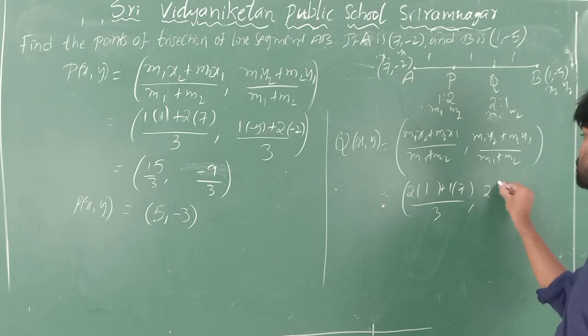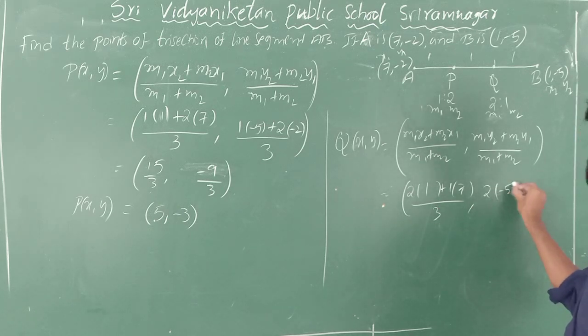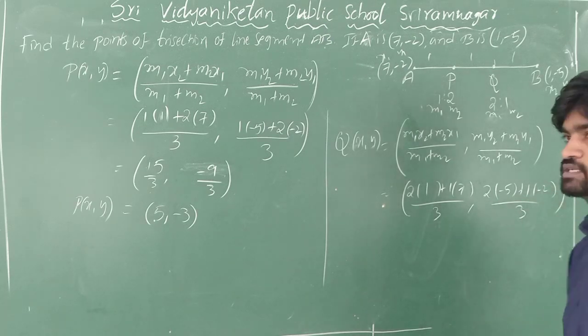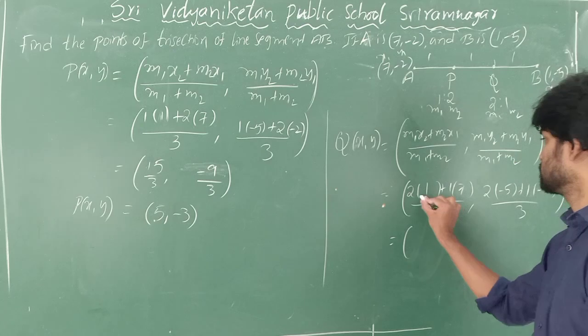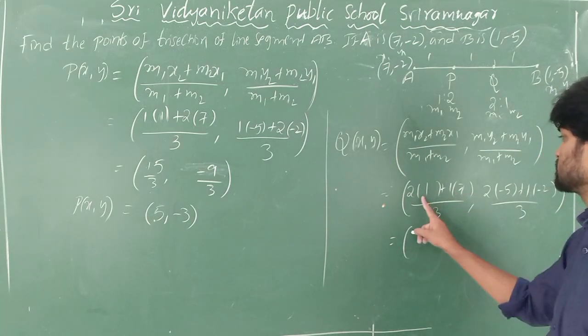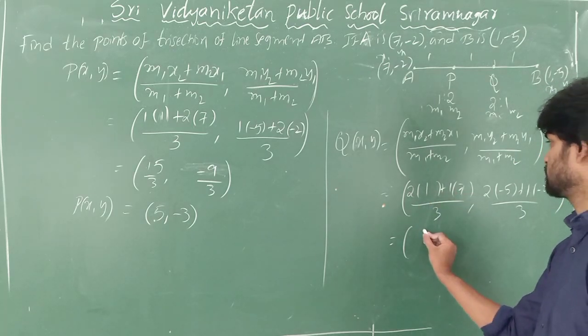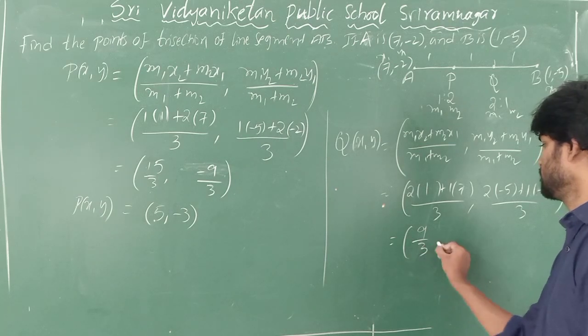Divided by 3, here 2 minus 5 plus 1 into minus 2. This is how much? 2 plus 7 is 9 by 3.